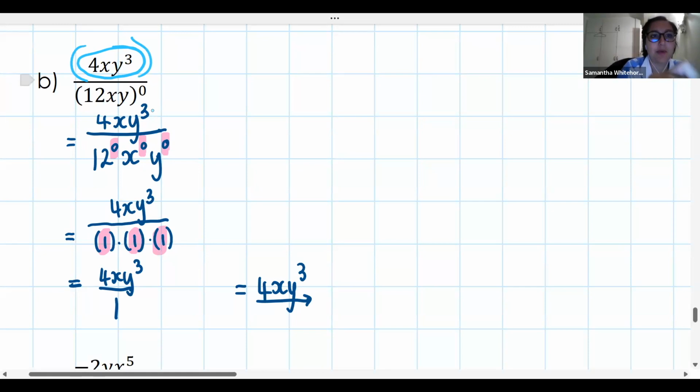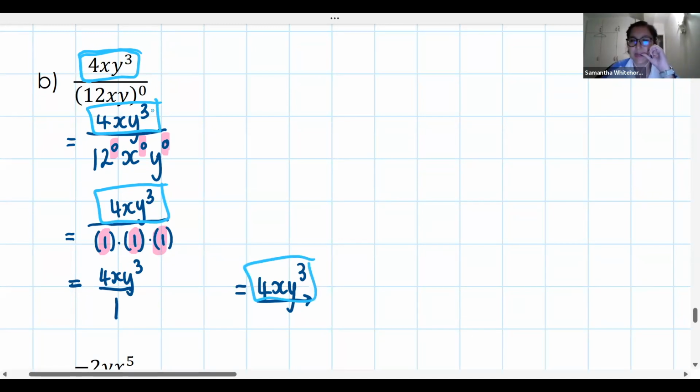It's not like there's a bracket with an exponent or a power of 0. There's nothing actually that affects this numerator. And so because nothing happens to it, it has to stay exactly the same all the way through. Does that make sense? Yes, ma'am. Thank you. Good.